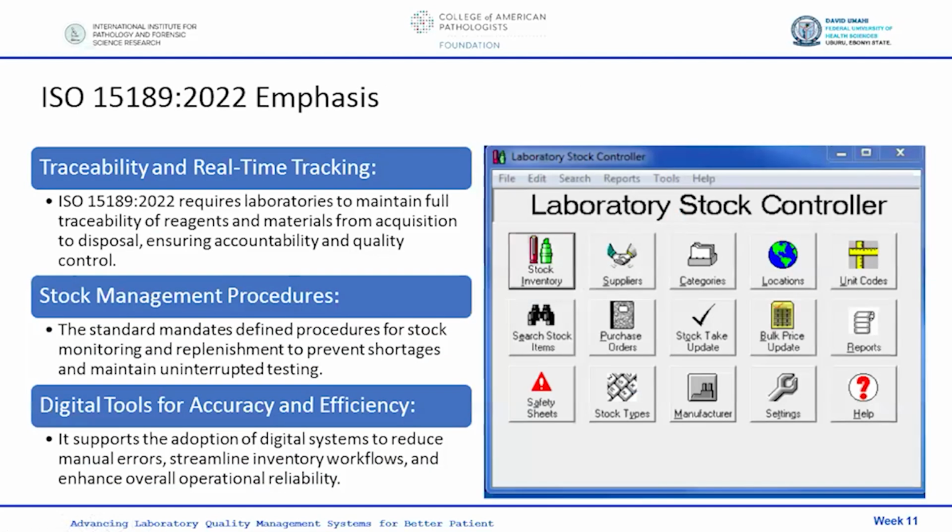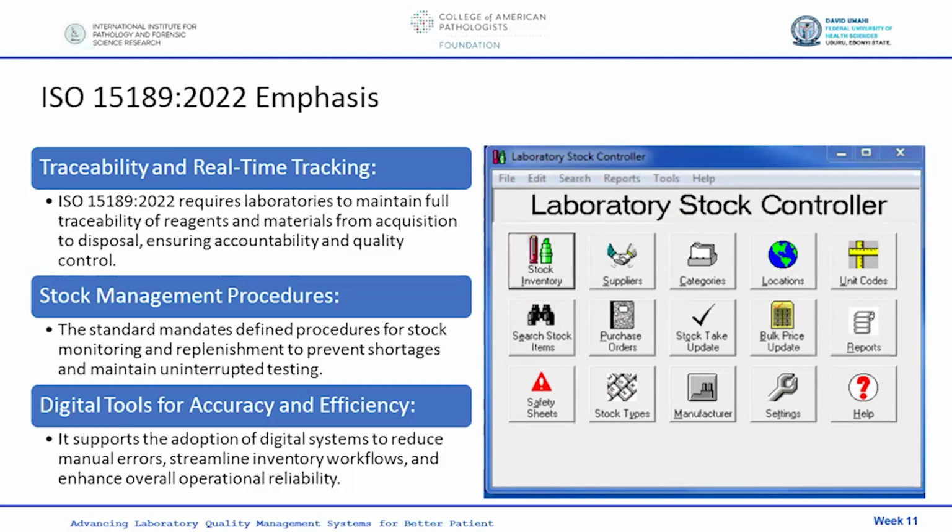So what is the ISO 15189-2022 emphasis on digital inventory management system? Now, one of them is traceability and real-time tracking. It requires that labs should maintain a full traceability of their reagents and materials from the point of procurement to disposal, ensuring that there is accountability and quality control.